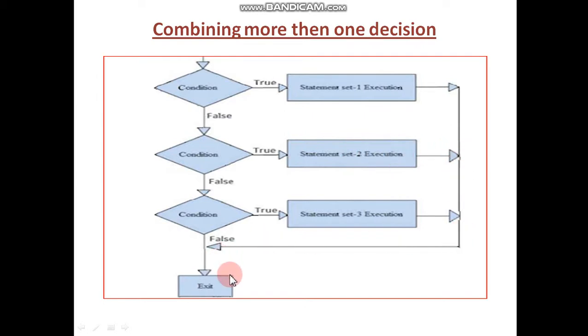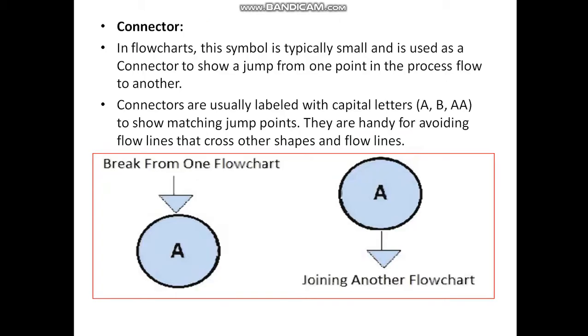If the second condition is also false, then go to condition number 3 and check the condition. If the condition is true, then statement set 3 is executed. Otherwise, if the third condition is false, then go again to exit. So that type of structure is used for combining more than one decision.